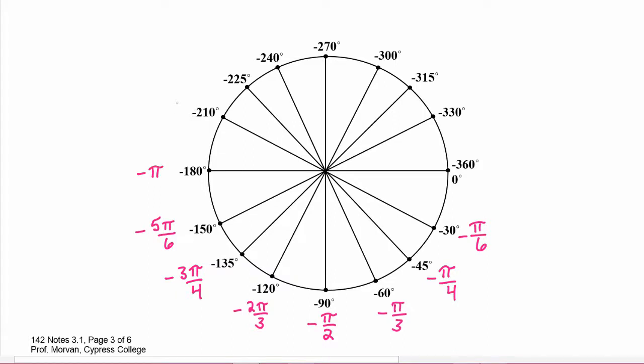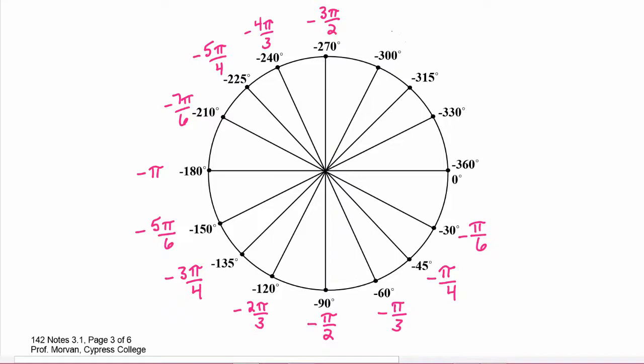Negative 210 is negative 7 pi over 6. Negative 225 is negative 5 pi over 4. Negative 240 is negative 4 pi over 3. Negative 270 is negative 3 pi over 2.